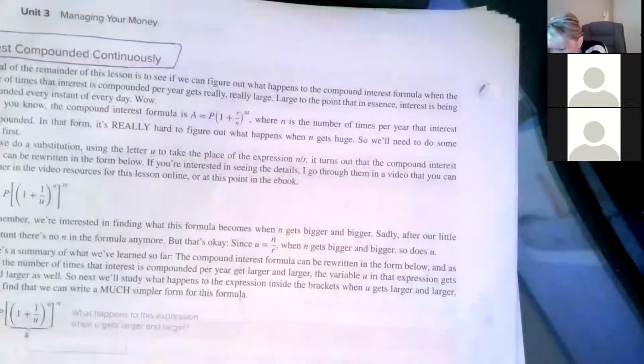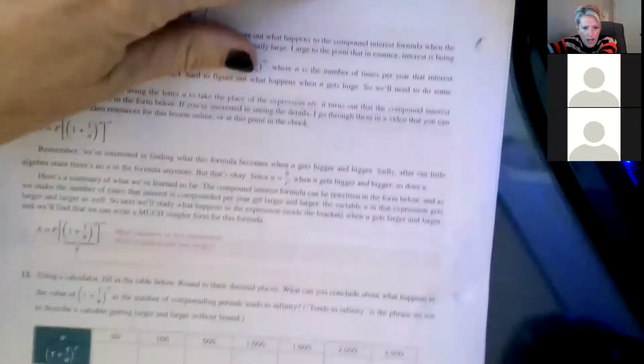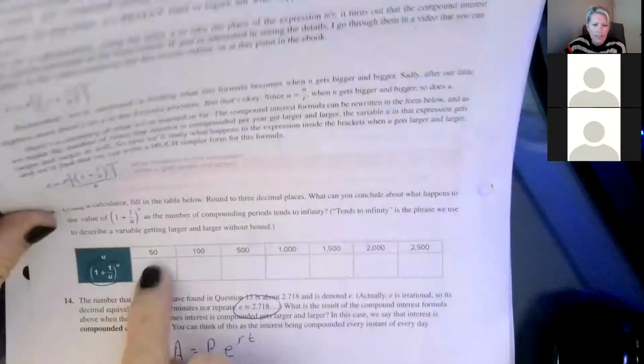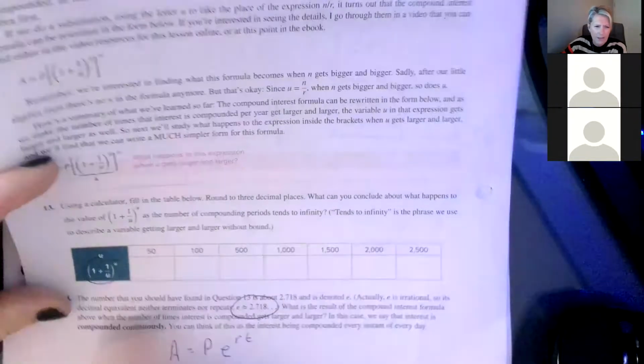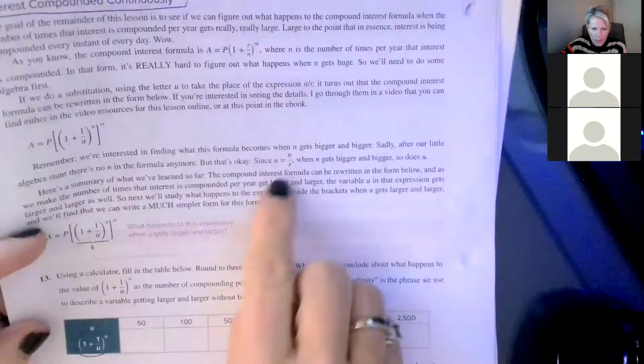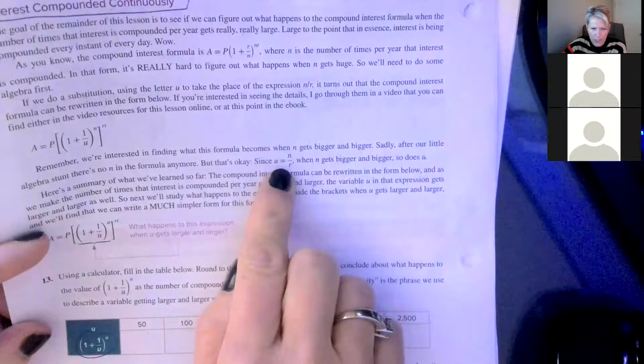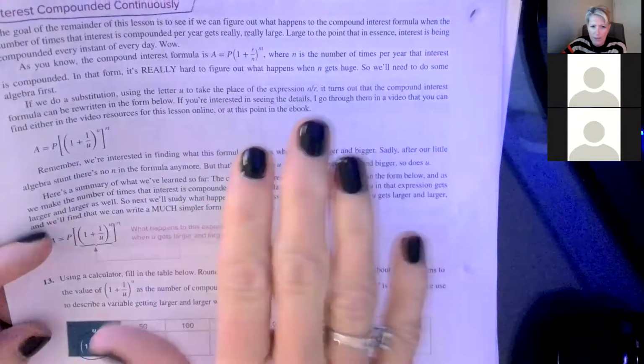Just want to make sure everybody knows that the little example at the end of the lesson on page 278, where it's developing this e thing, I go through the series of what they did in the table to get you to see that this ratio of the number of times you're compounding, n, over the interest rate gets infinitely big.